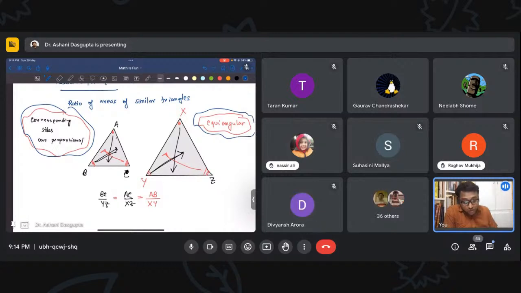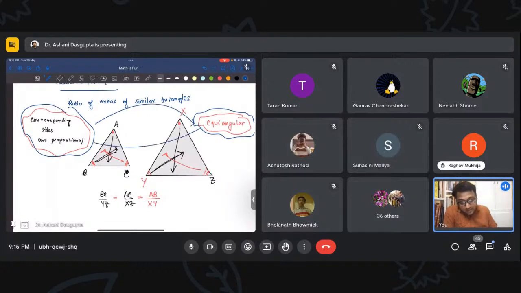If you can show that if corresponding sides are proportional, then the triangles are equiangular, and if the triangles are equiangular, then the corresponding sides are proportional, then they speak about the same thing. But I will not spend time today explaining why that is true, because I want to do some interesting problems.